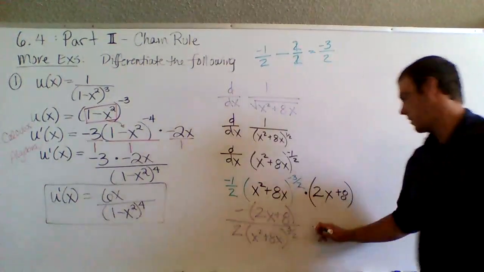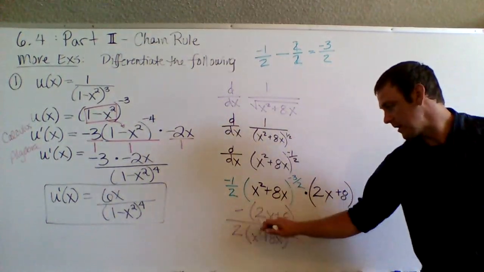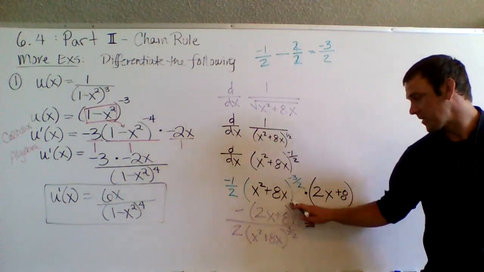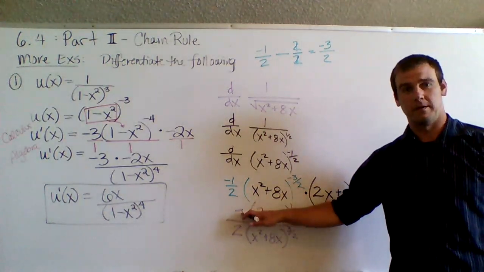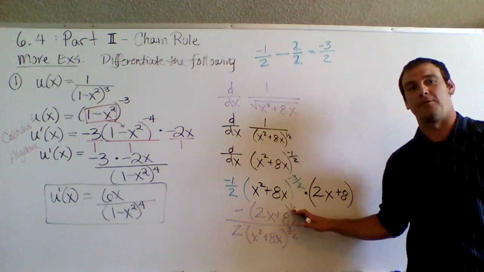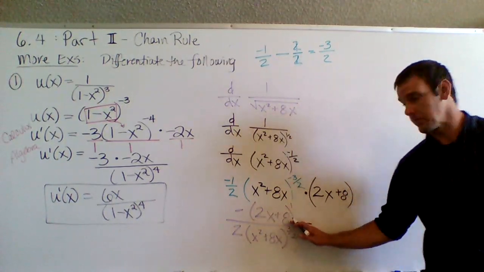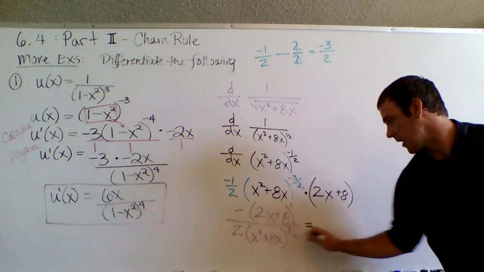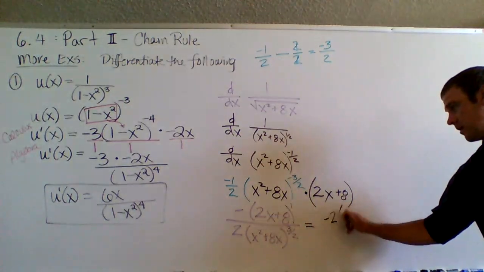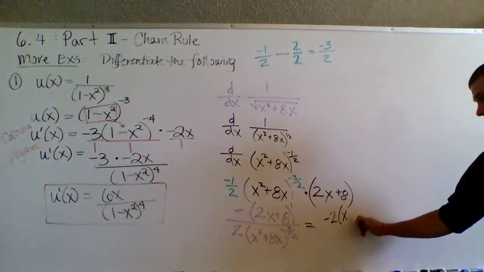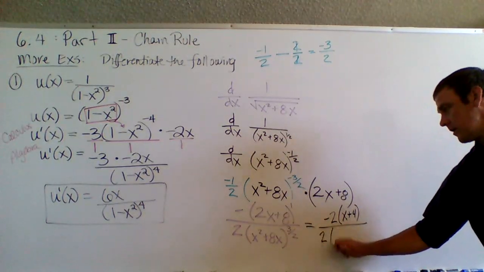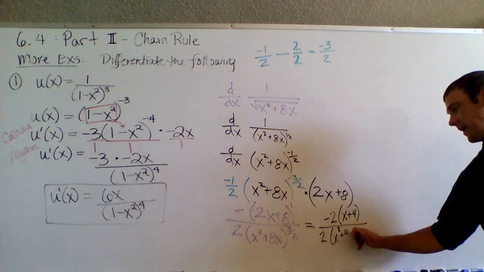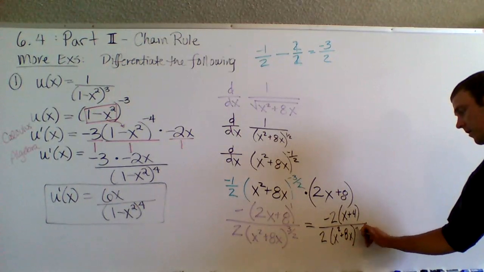So, another thing I would like you guys to see is this is to the exponent of 1, so you can take a 2 out of it. Now, if that was to a different exponent, we don't want you messing with this. But I could factor a 2 out. Now I have negative 2 times x plus 4 all over 2 times x squared plus 8x to 3/2.